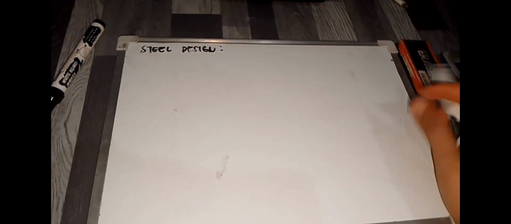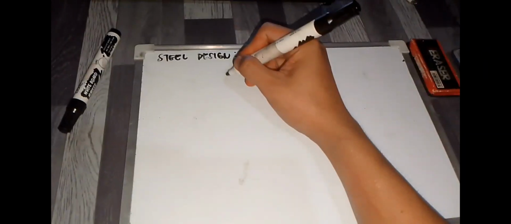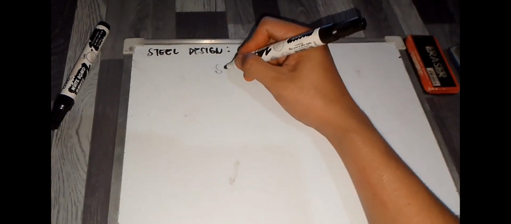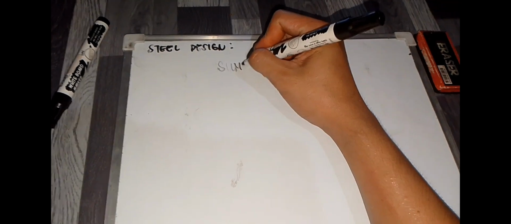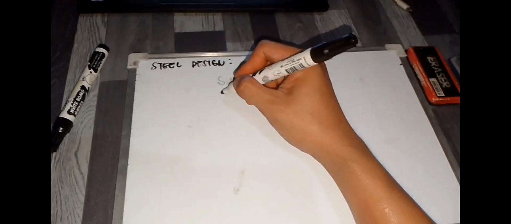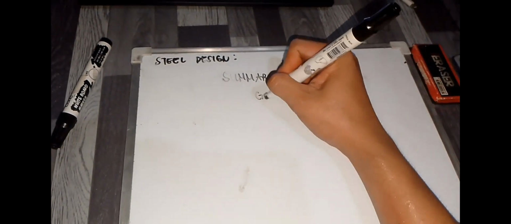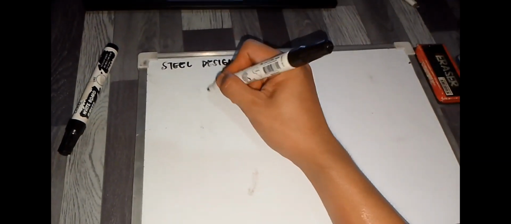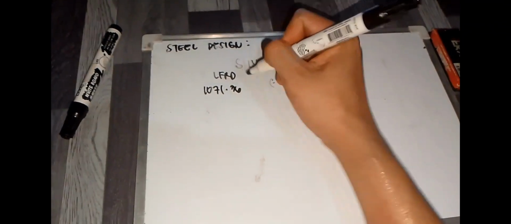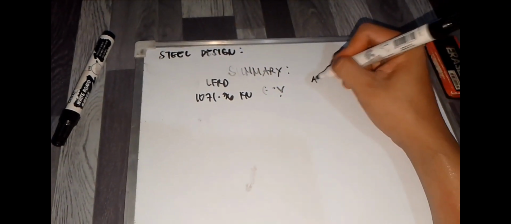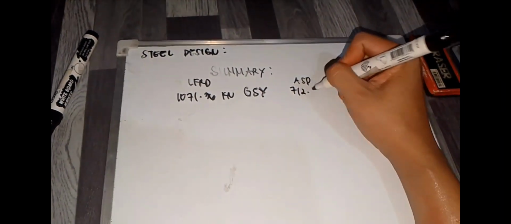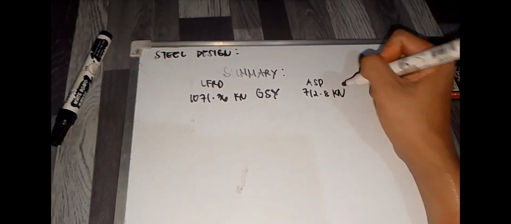So next, we get the summary of our answers, from gross sectional yielding to shear. For the gross sectional yielding, the LRFD is 1071.36 kilo Newton. Then the ASD is 712.81 kilo Newton.